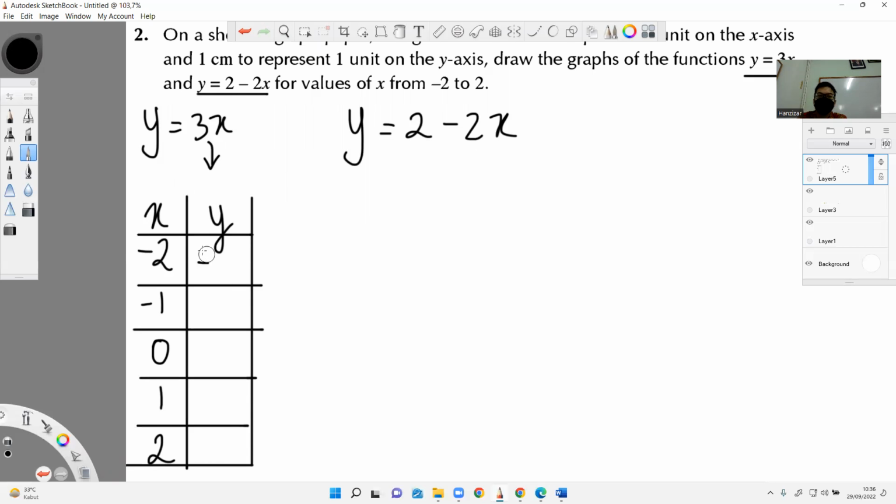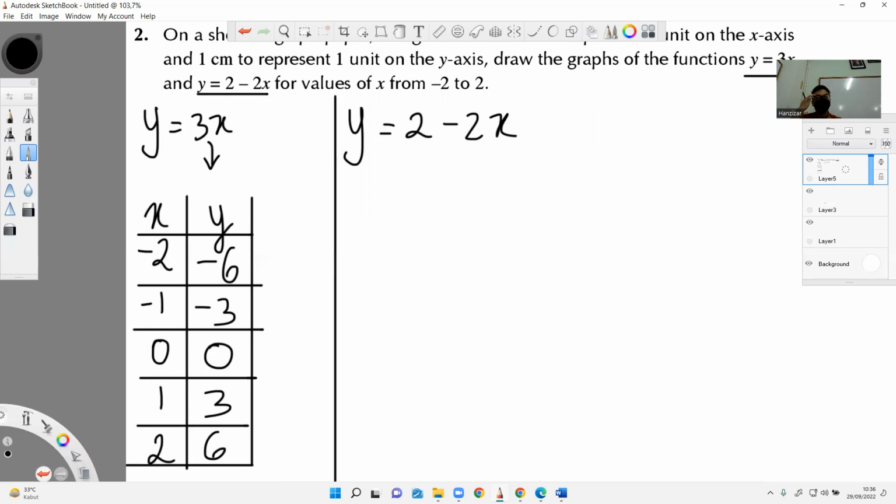Wrong. Look properly. X is -2. 3 times -2. -6. Continue, Rowan. -3. Next. 0. Nice. Now, how about the points then?